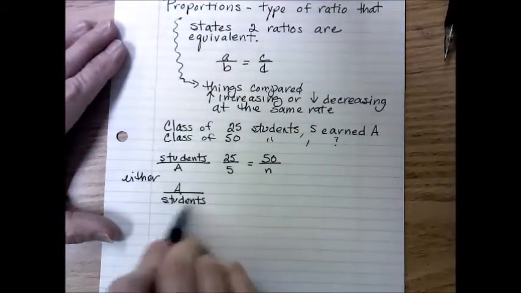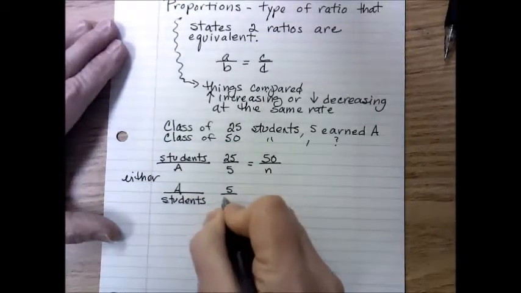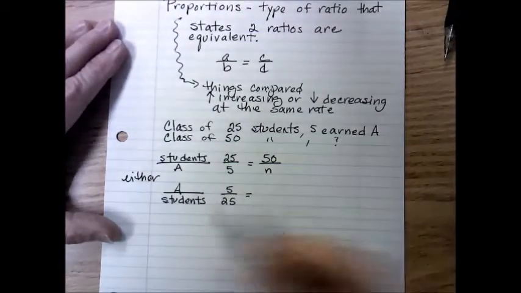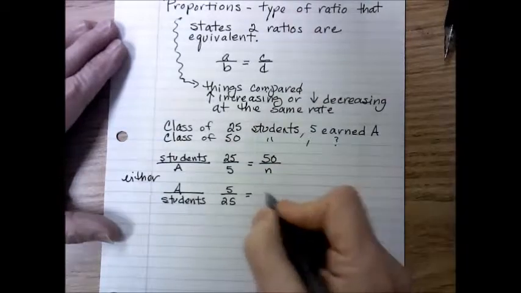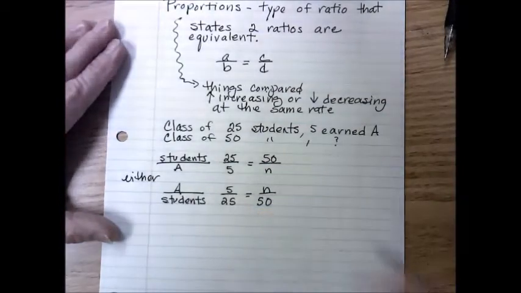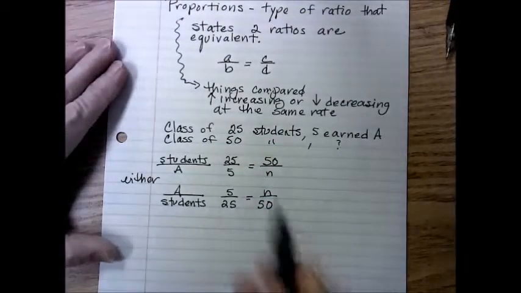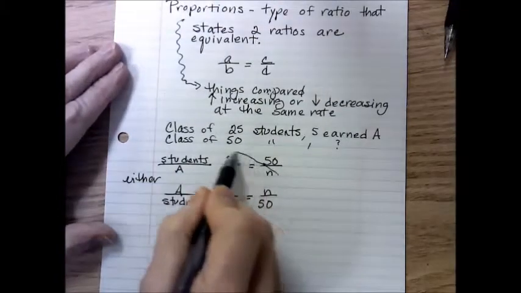So in this particular format, my A's are the numerator, so this would be 5 over 25, and my students is in the denominator, so this would be n over 50. And to find n, we're going to write an algebraic equation using our cross products.